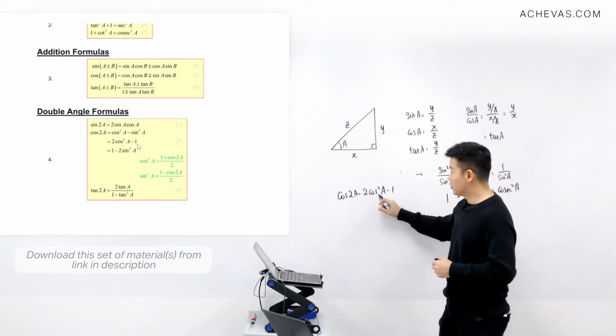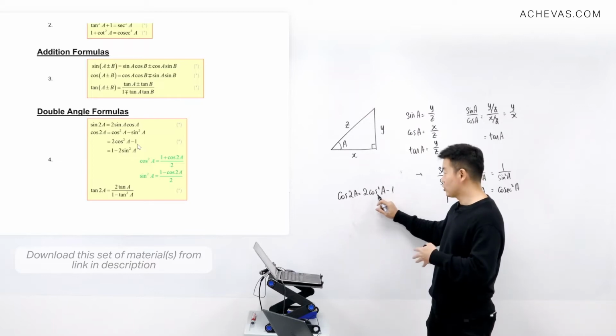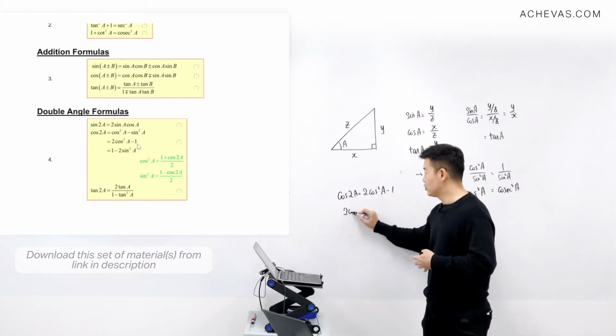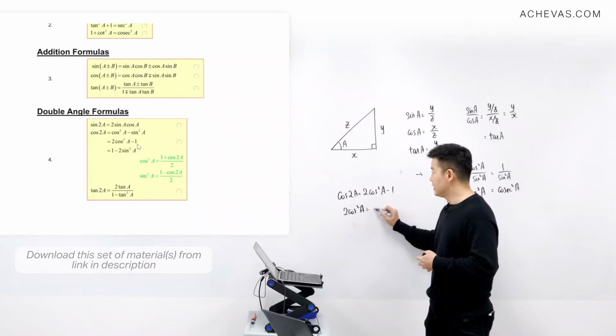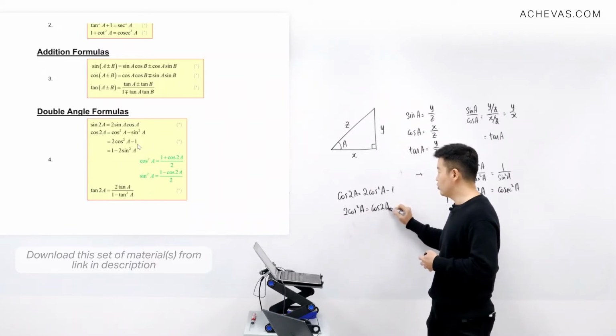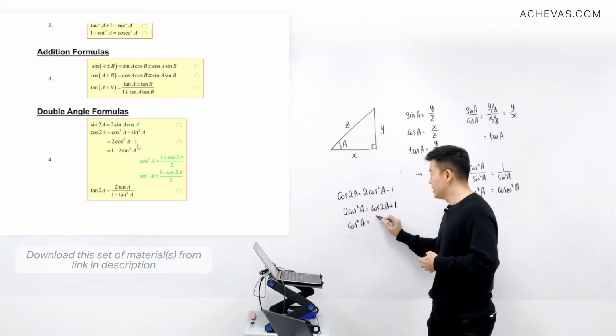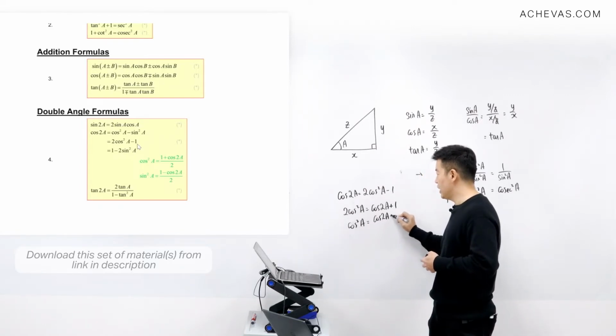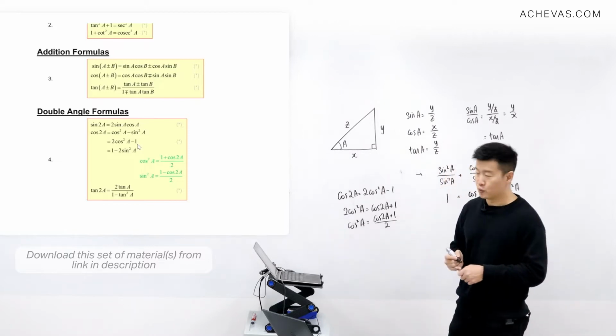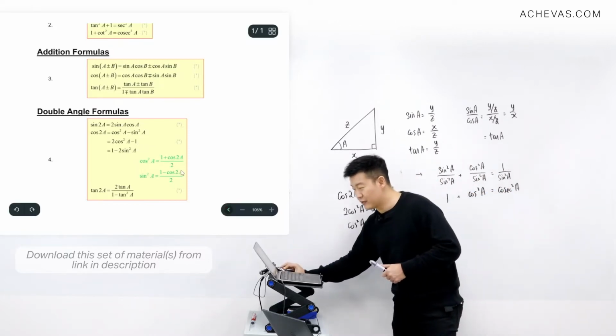What we can do is make cosine square A the subject, which means that I have 2 cosine square A equal to cosine 2A plus 1, which means that cosine square A is equal to cosine 2A plus 1 divided by 2. So that is how I have derived this.